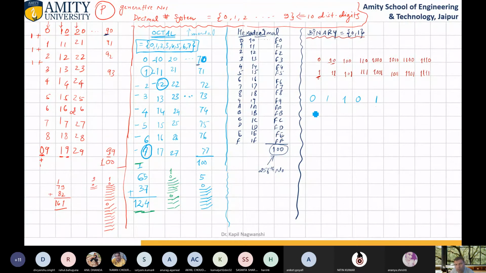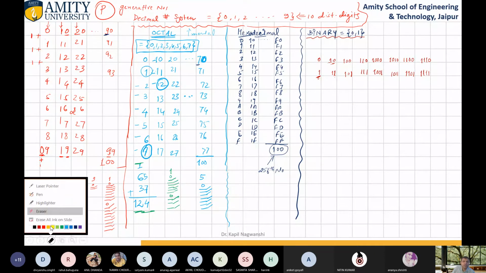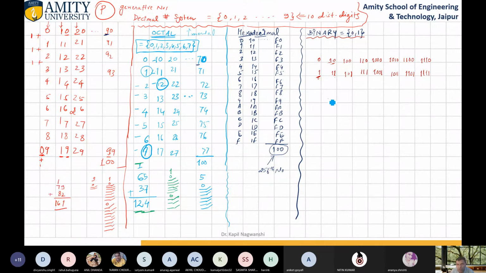Another number, 11110. Okay, if you want to add these two numbers, there may be carries. This number is not able to confuse you actually. I need to pick a number which will confuse you a lot, then only you can ask the question. So 11011 and 10110. This is the question.